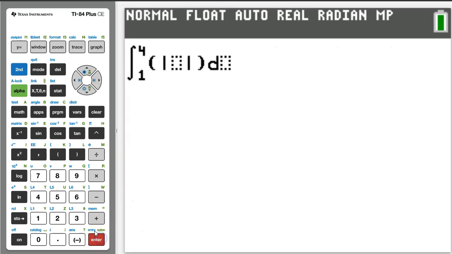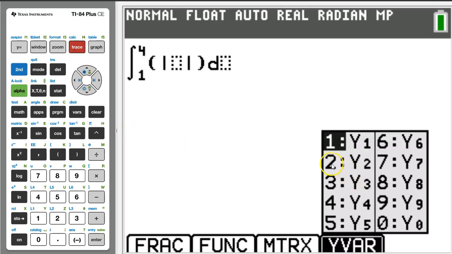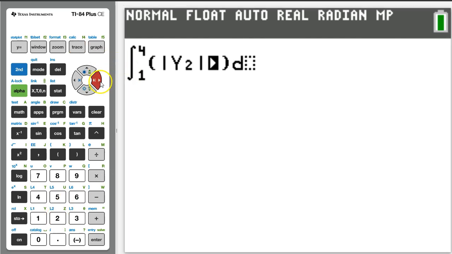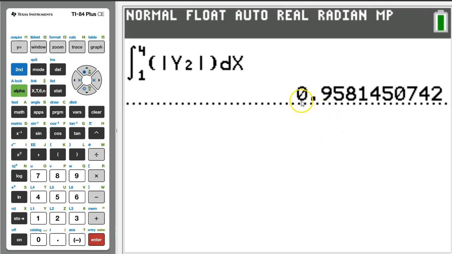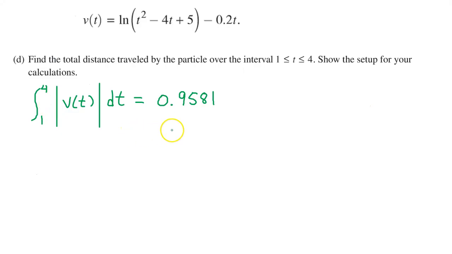Just hit enter. And we want the absolute value of velocity, which we entered as y2. To make y2 appear right here, hit alpha, trace, and choose option 2 for y2. Finish it off with a dx, and kabam! 0.9581. That's it for Part D, and that's it for FRQ number 2.